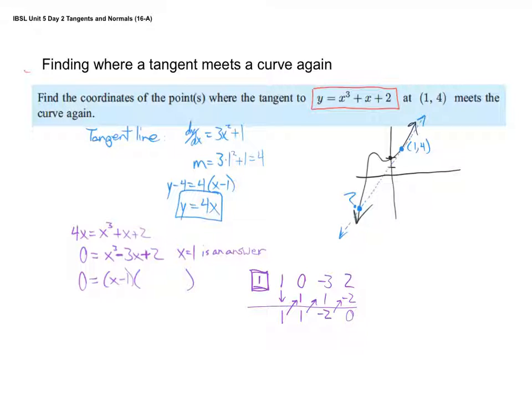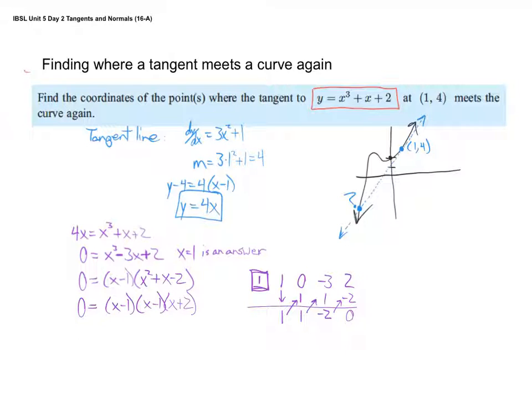But that tells us here what goes in the parentheses. Okay? What was it? X squared plus x minus 2. Perfect. X squared plus x minus 2. And now we're actually able to factor that. This factors into an x minus 1 times an x plus 2.